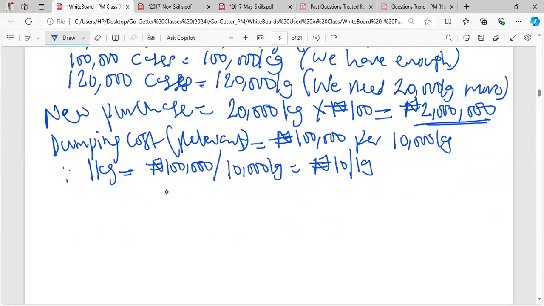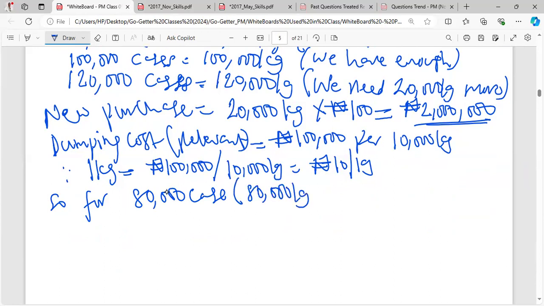Right? So for 80,000 cases, which is equal to 80,000 kg times 10 naira, that will give me 800,000. That's going to be the opportunity cost.